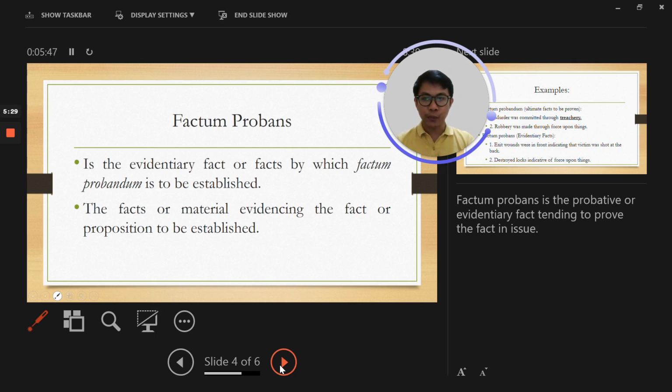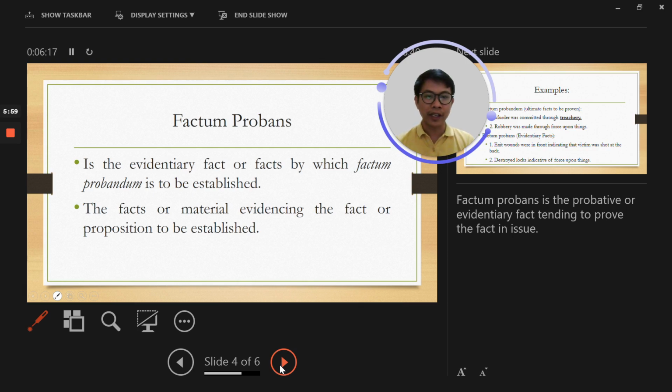And this fact or proposition to be established, we call the factum probandum. So, factum probans proves factum probandum. Factum probans is the probative or evidentiary fact tending to prove the fact in issue. And this fact in issue, as I repeat, is the factum probandum.